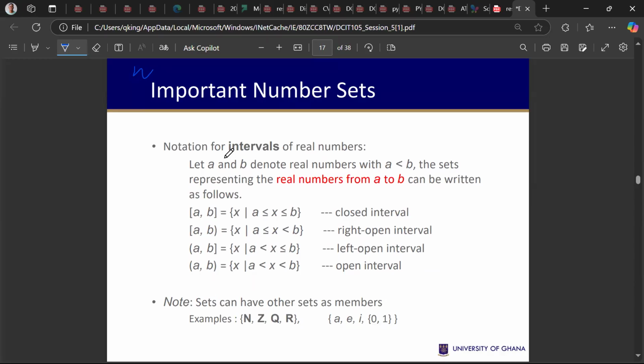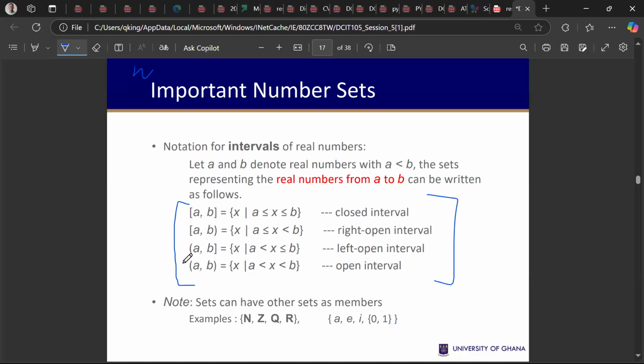It is crucial for expressing solutions to inequalities, domains of functions, and other mathematical concepts. We want to look at the examples that have been captured, and explain these four intervals here.